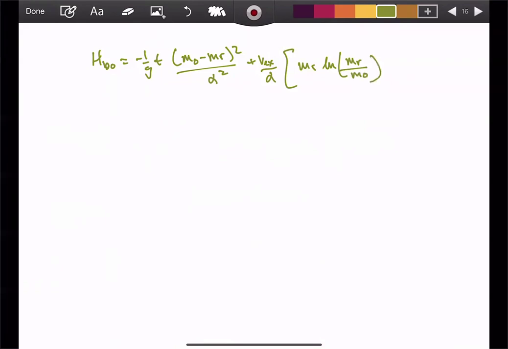Here I'm pulling in m0, so that cancels out that m0, plus m0 minus m rocket. So this is going to be my height at burnout.